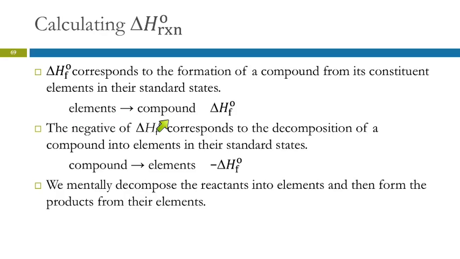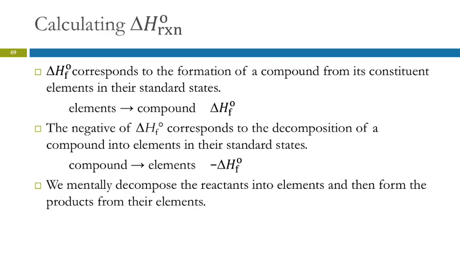If we go from the elements to the compound, it's whatever's in the table. If we do the opposite and go the compound to the elements, we take that number and we multiply by -1. So we change the sign. So what we can do to calculate this standard heat of reaction is we're doing this in our heads.